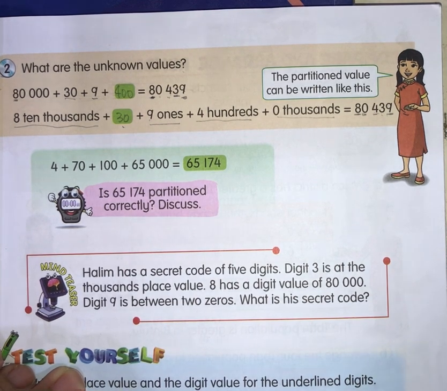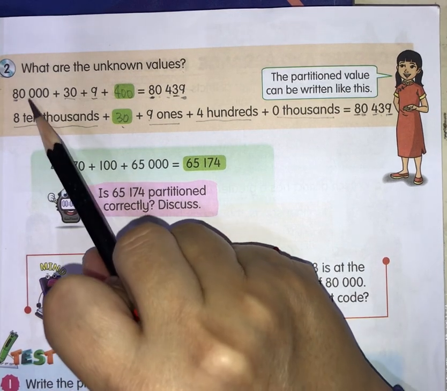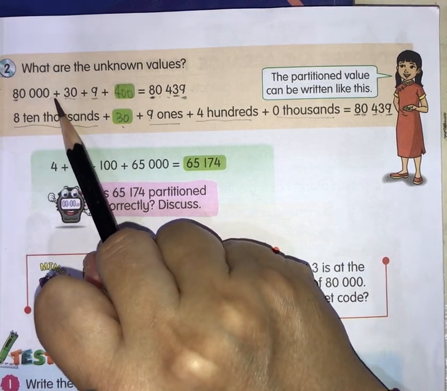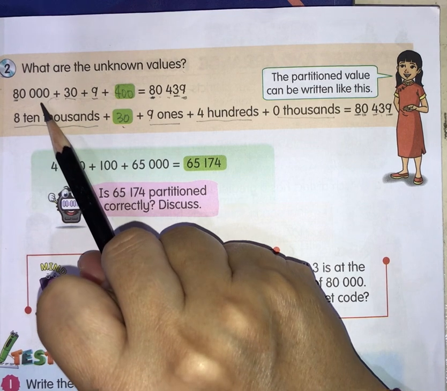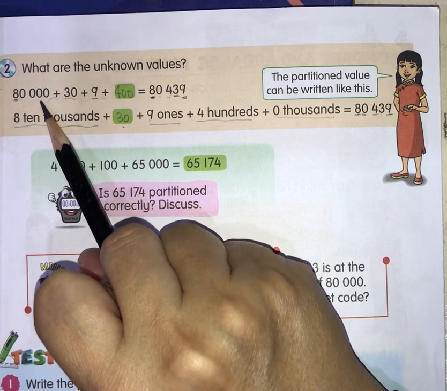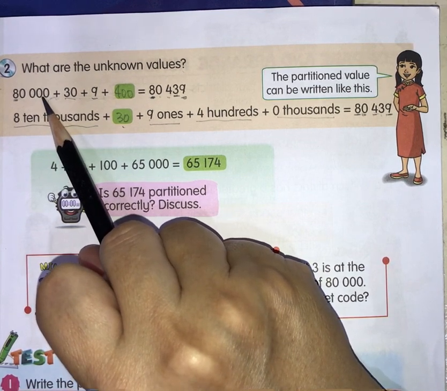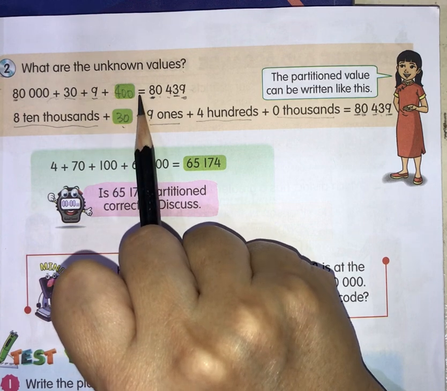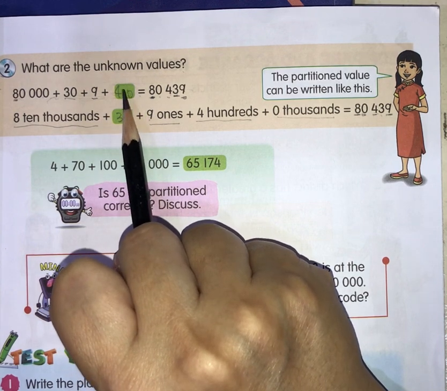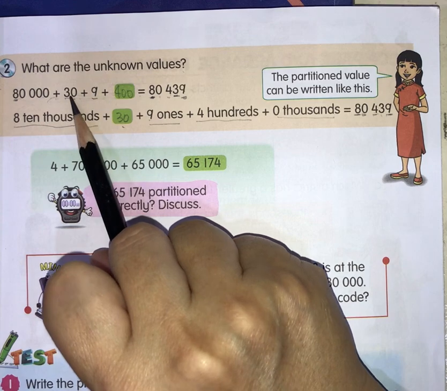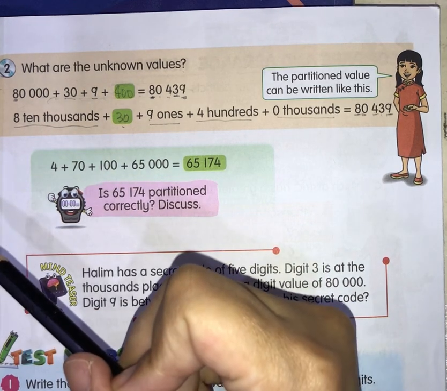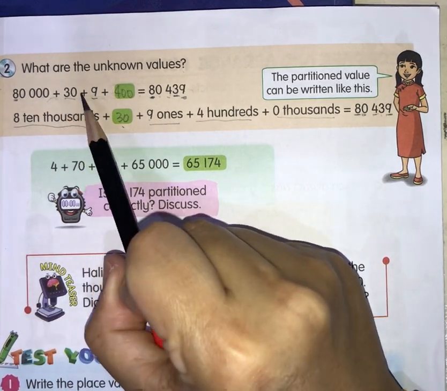If you look at this one, the partition that we see here, they didn't follow biggest to smallest. They can put wherever they want. Why? Because it is plus.